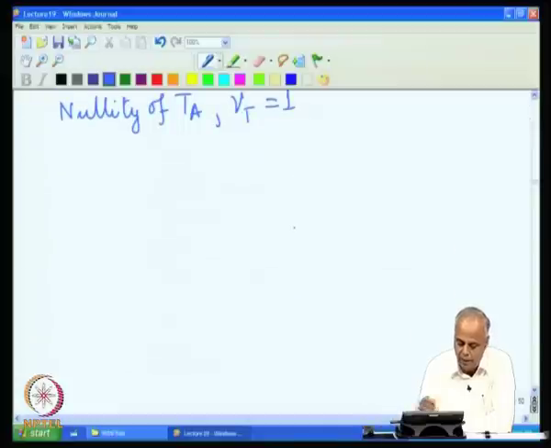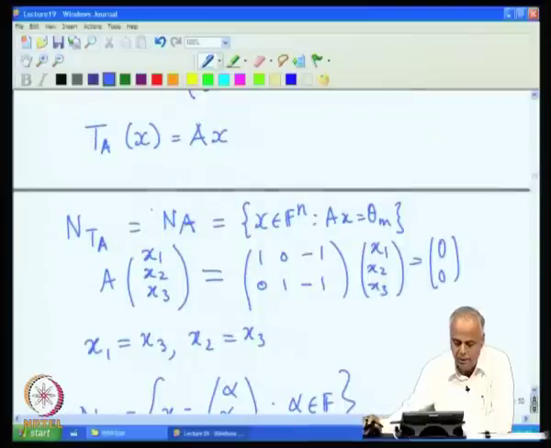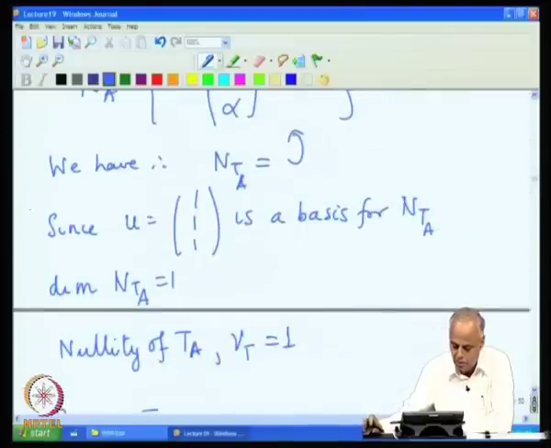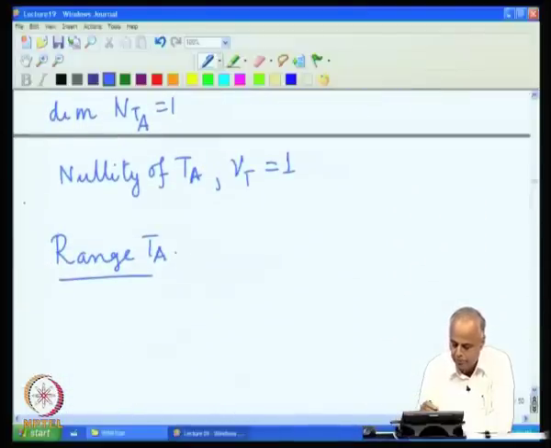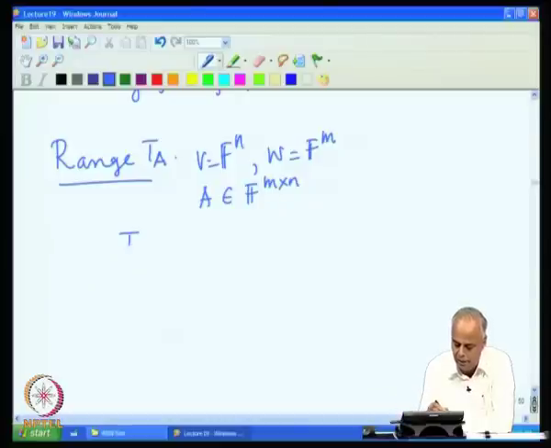Now, let us find the range of T_A for this same transformation. First, let us look at the general matrix and then look at this example. So, once again we take F^n to be V, W to be F^m, and we take a fixed matrix A and look at the linear transformation which takes the vector x to A x.